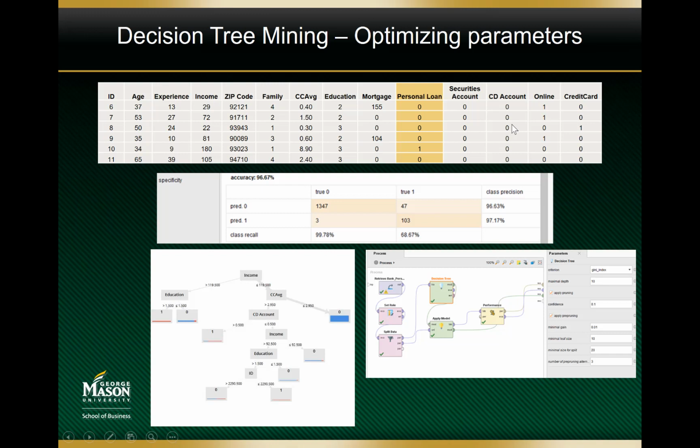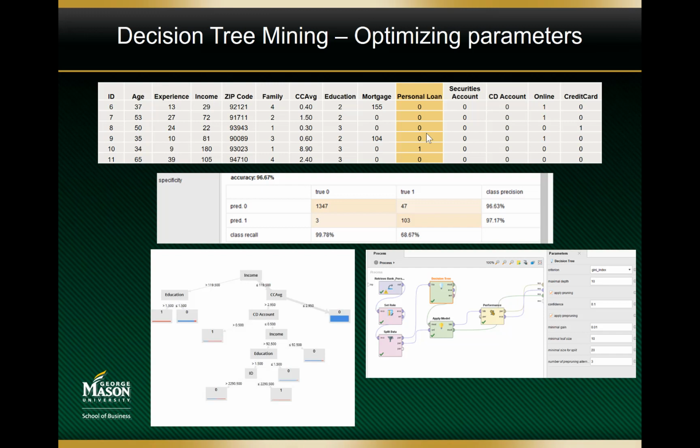So the idea is to be able to use these characteristics and based on questions asked about these characteristics to build a decision tree that classifies customers as accurately as possible into one of these two categories. That is, either they accepted the personal loan or they didn't.